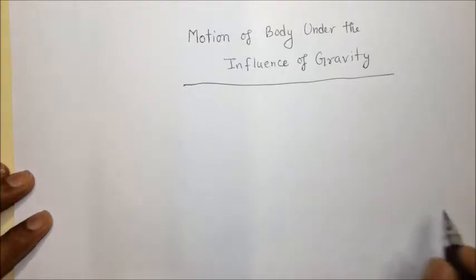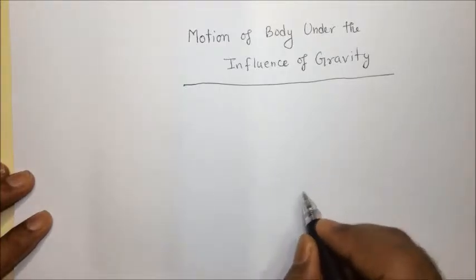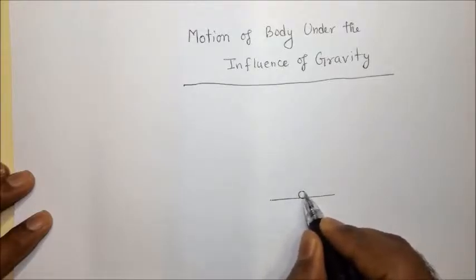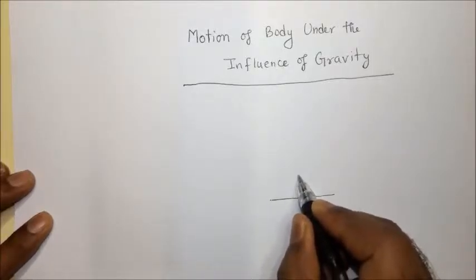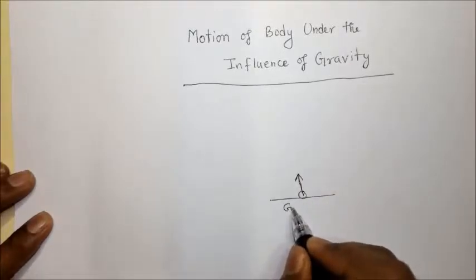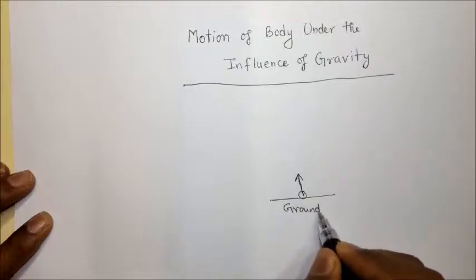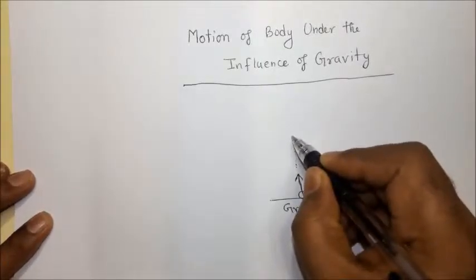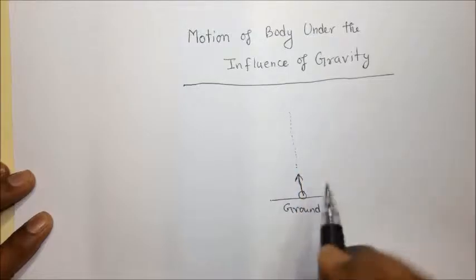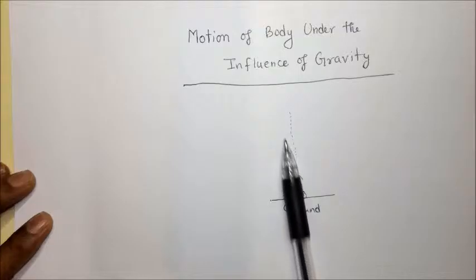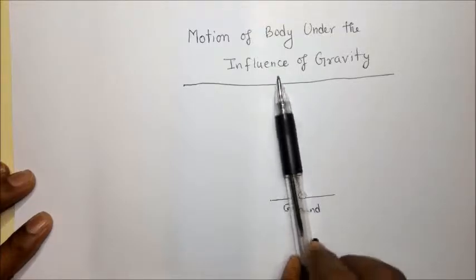So if we throw something vertically upward from the ground, this is the ground, and if we throw vertically upward, this motion is motion in one dimension because it is moving vertically upward.